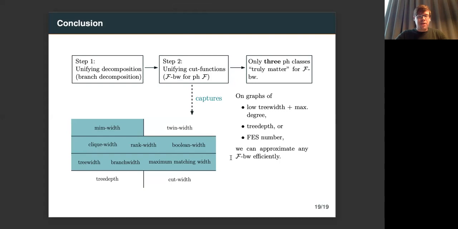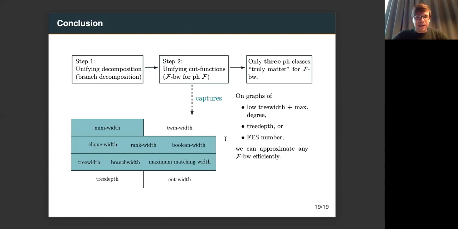For future problems, of course, it would be great if we manage to show how to approximate any F branch width efficiently parameterized by the target width. For a more modest goal, already here in this parameterization for tree width plus maximum degree, it would be nice to get rid of the maximum degree.